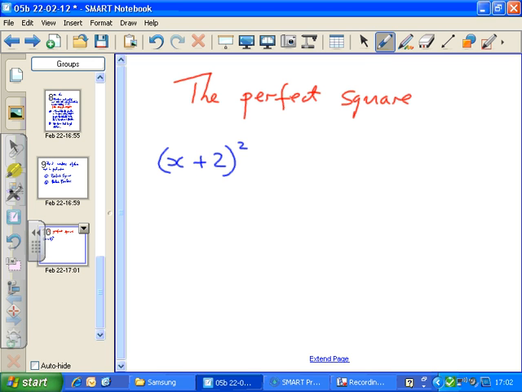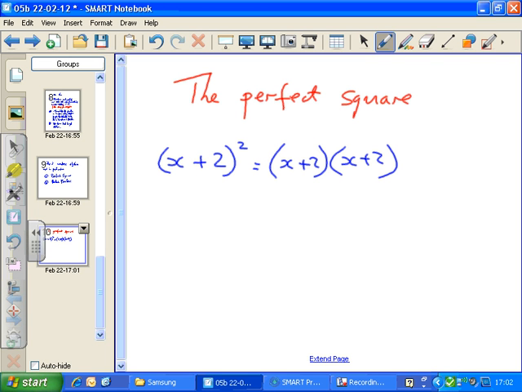If I were to expand that out, what would I do? I'd do x plus 2 times x plus 2, because it's squared, agree, David?